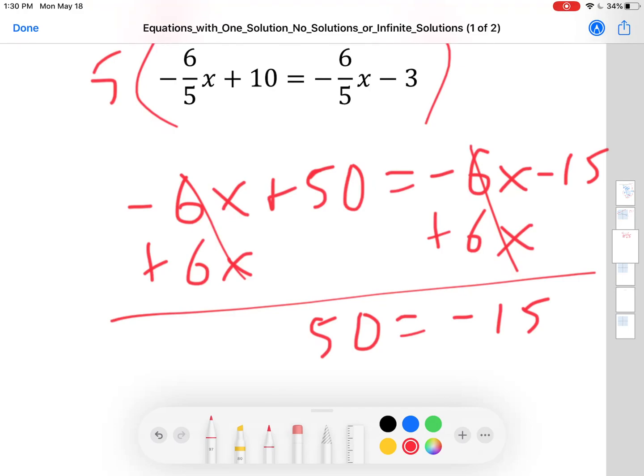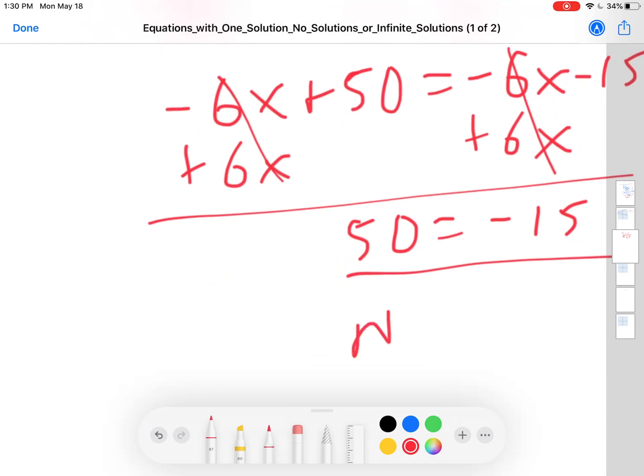This is an example of when there are no solutions. When you get a statement like this, where one value equals another value that is not the same, you know that this equation has no solutions.